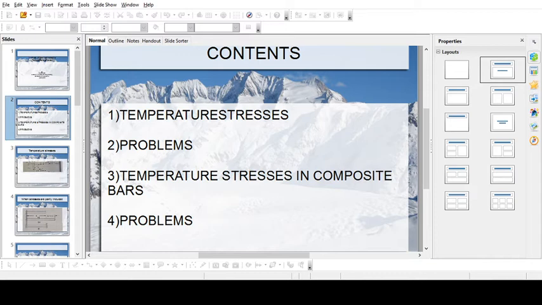Now this is passing through the metal plates and nuts at each end. So at each end this steel rod is tightened at a temperature of 120 degrees. Now you need to find the stress induced in the body when temperature is decreasing to 40 degrees centigrade.